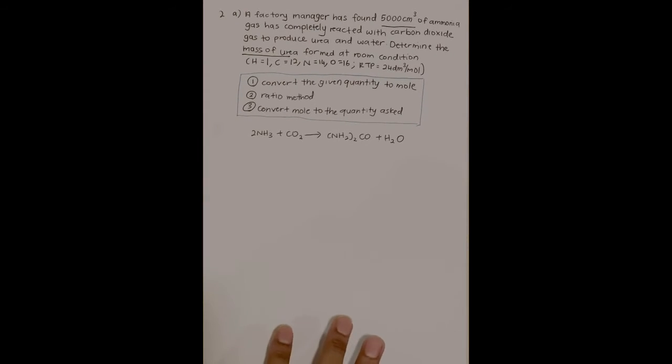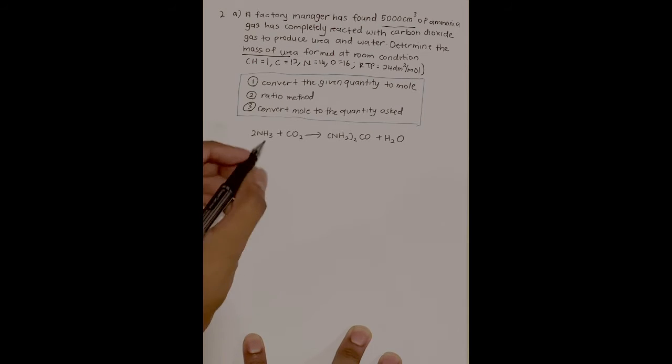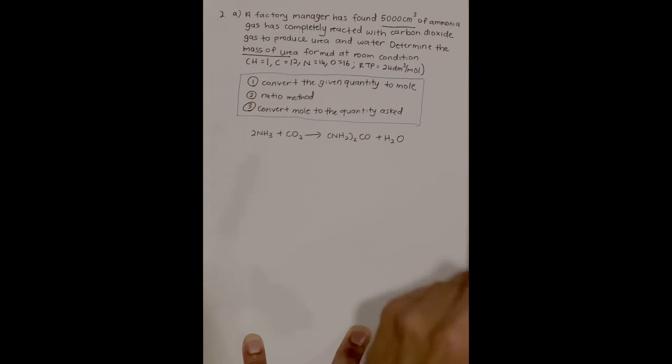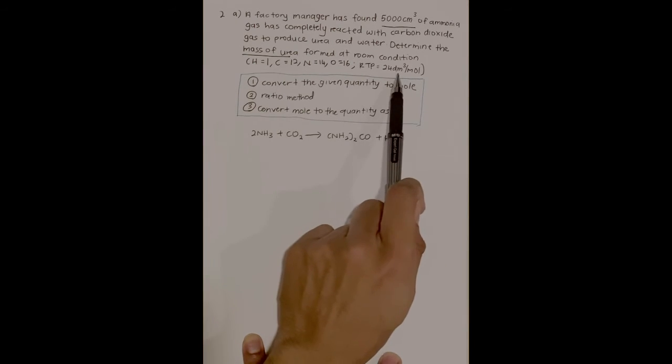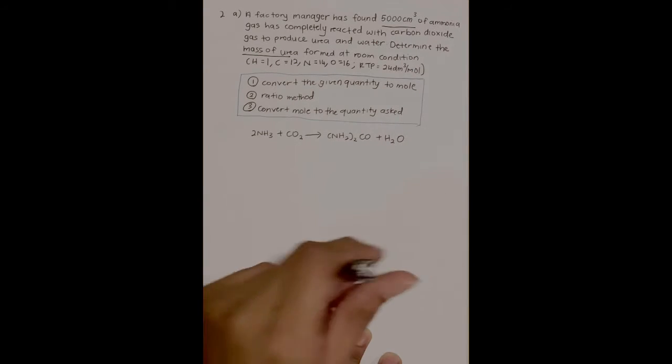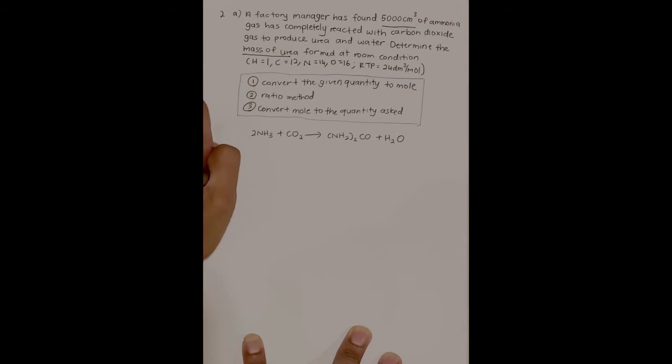Okay, so first step, we are going to convert the given quantity. What is the given quantity? Volume of ammonia gas, correct? But the thing is, when you're using RTP, it has to be in dm cube. But here it's in cm cube. So we are going to convert that. First step, we are going to change cm cube into dm cube. How do you do that?